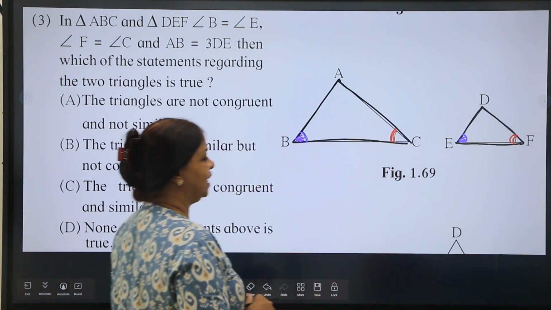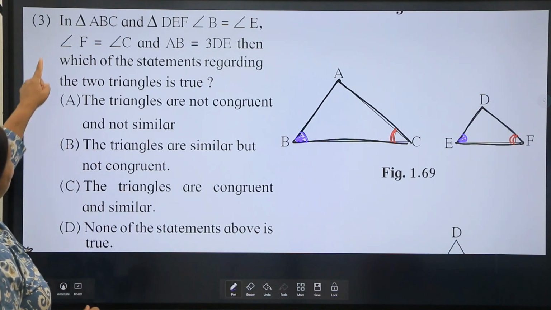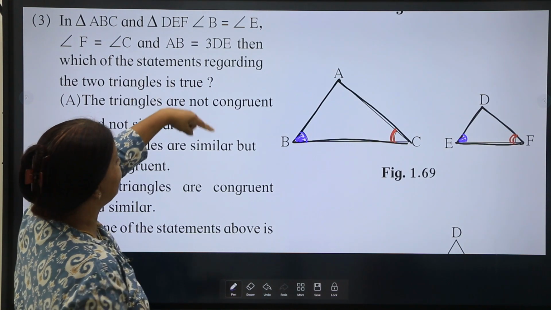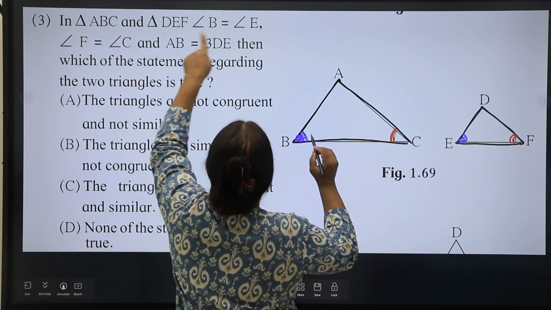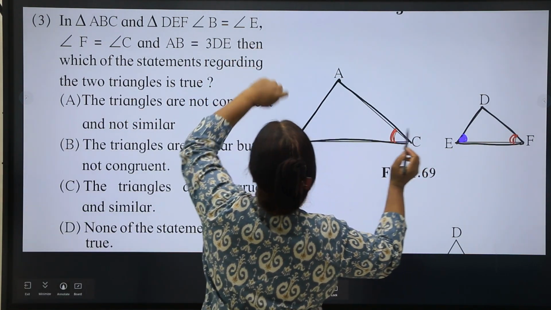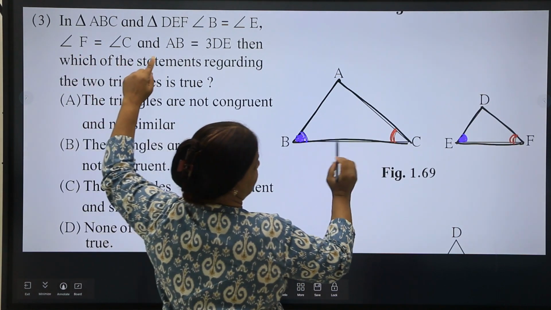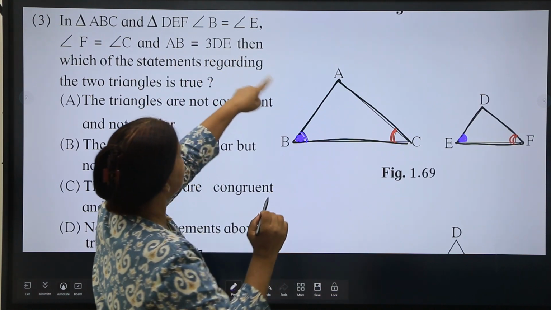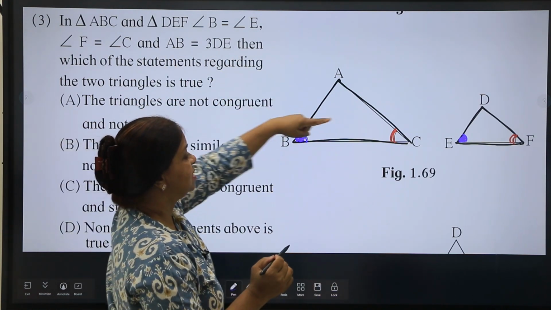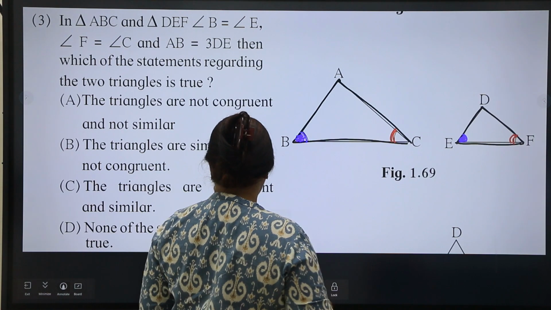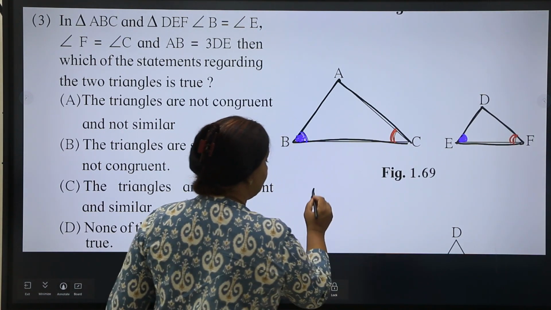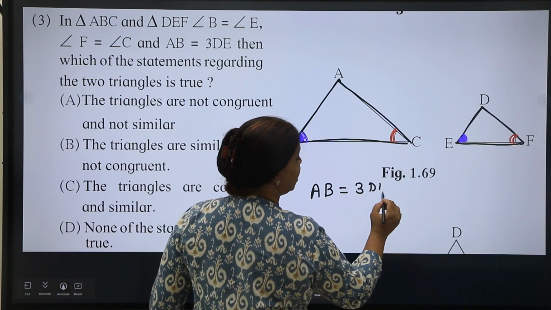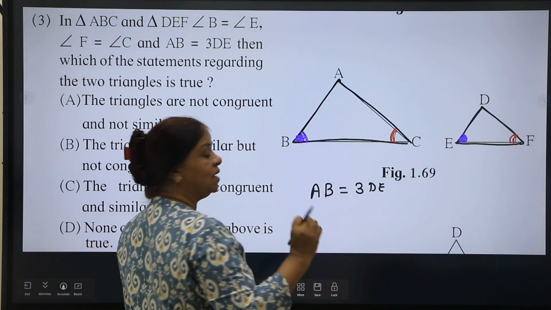It is given angle B is equal to E, angle F is equal to angle C, and AB is 3 times DE, meaning 3 times DE will make 1 time AB.